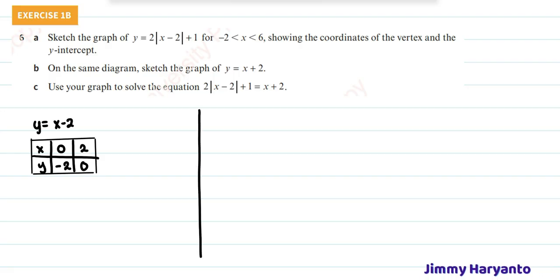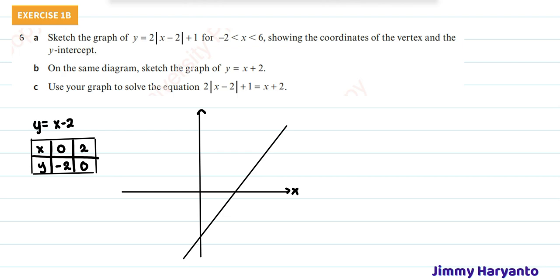That means the sketch will be like this, 2 and negative 2. Do not forget to flip this part to the x-axis. Wait, let me erase it first. Okay, erase this part. So right now we already have this one, absolute value of x minus 2.